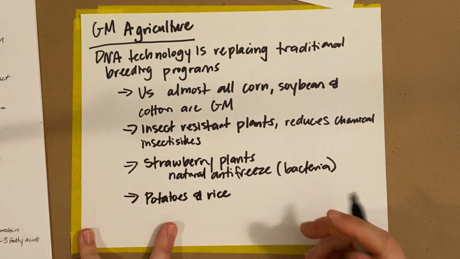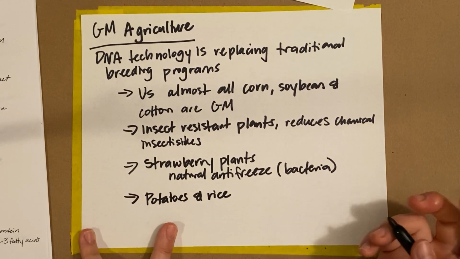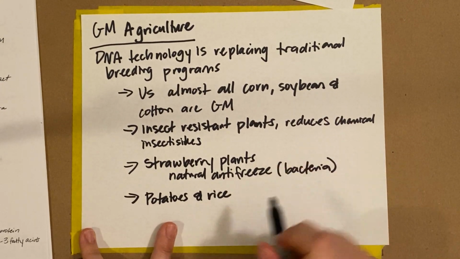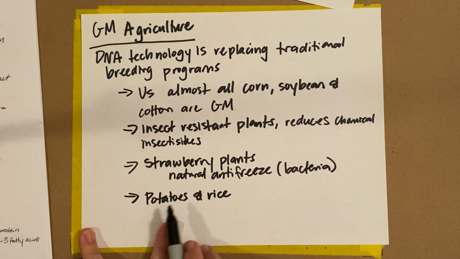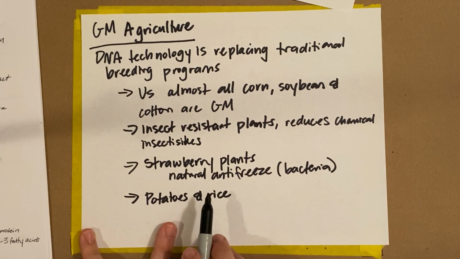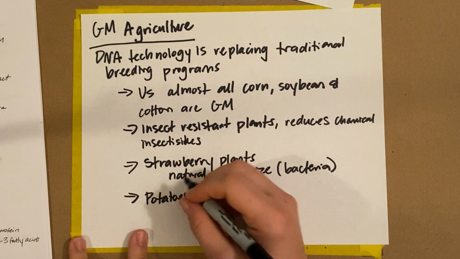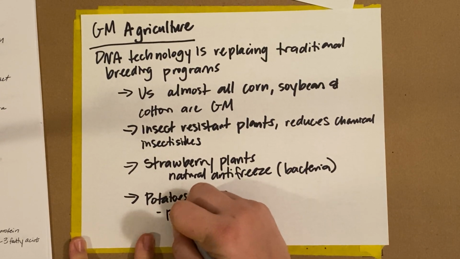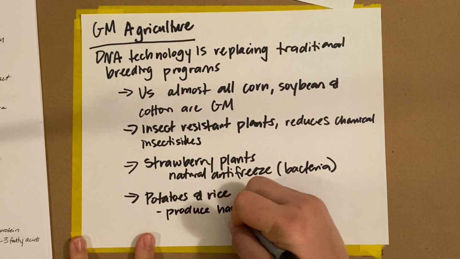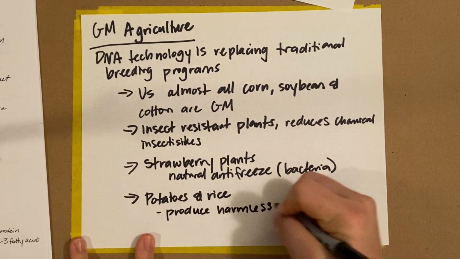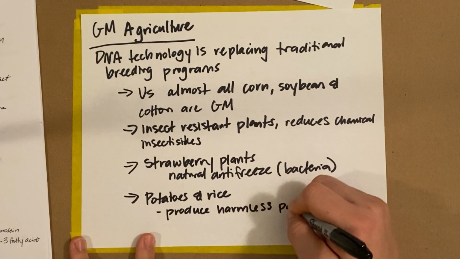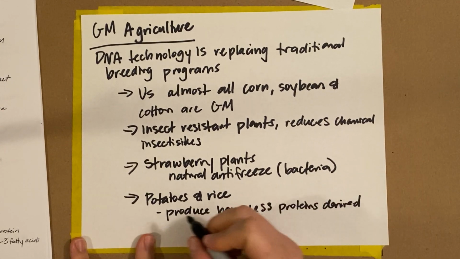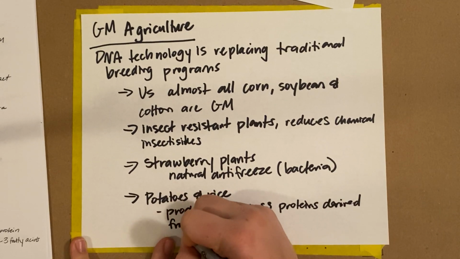Both potatoes and rice have been big groups of crops that have been targeted because they feed so many people. These are very, very important sources of food for many people in the world. And so what they've done is they've had potatoes and rice produce harmless proteins derived from cholera bacterium.